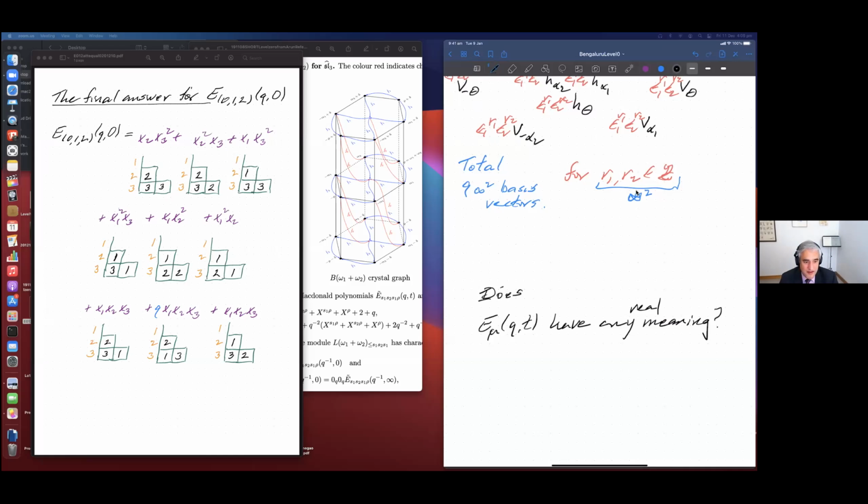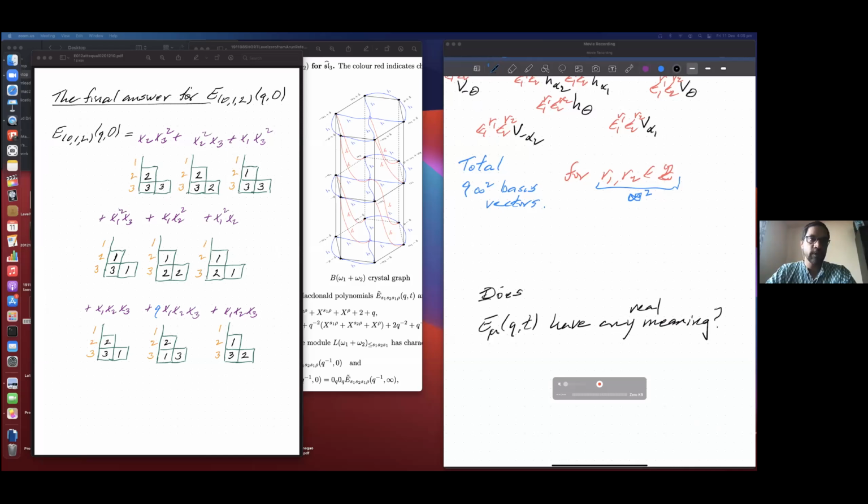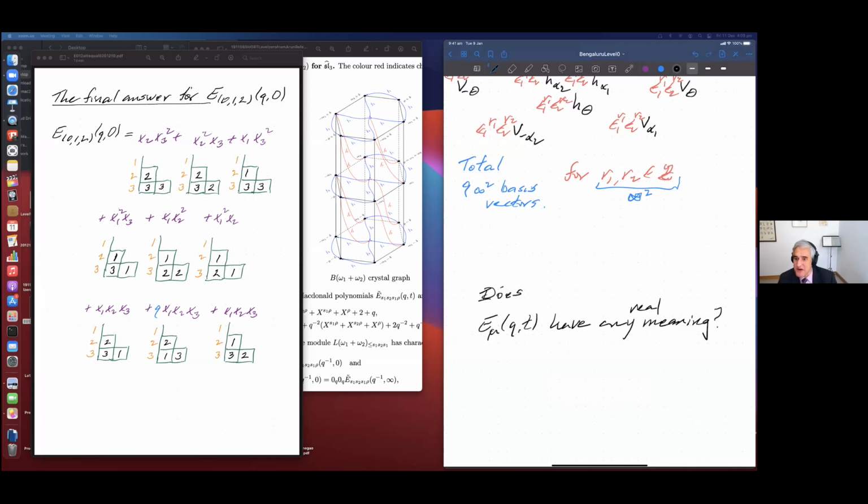Oh, okay. I think your question was, does this Macdonald polynomial in q and t have any real meaning? Right, in this context. And the answer is, I don't know. Only after I specialize t to 0 can I connect to the crystal or to the character of the affine Lie algebra module.